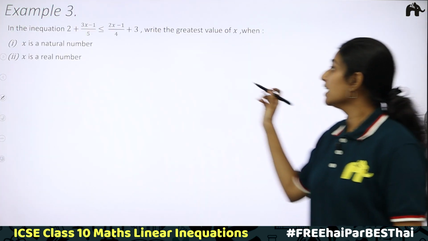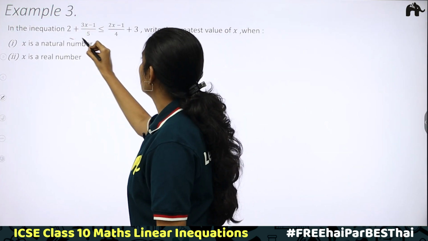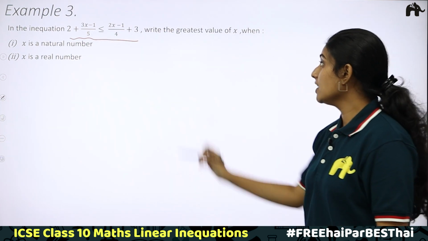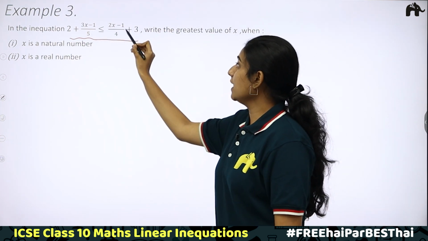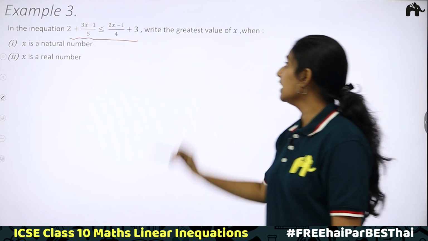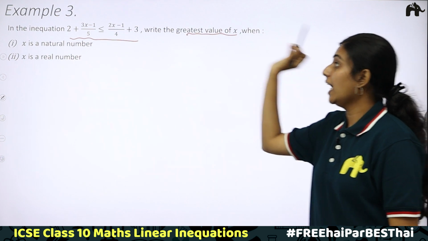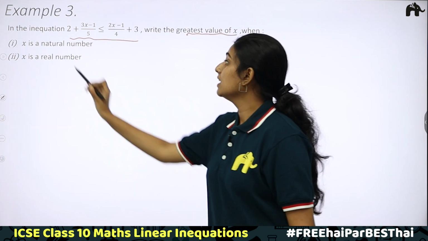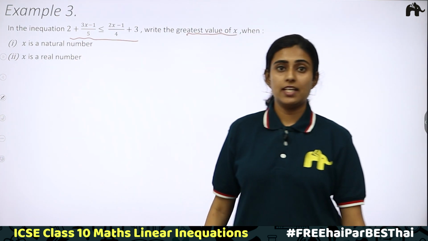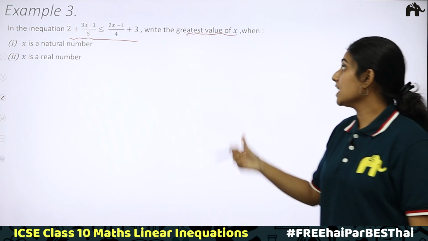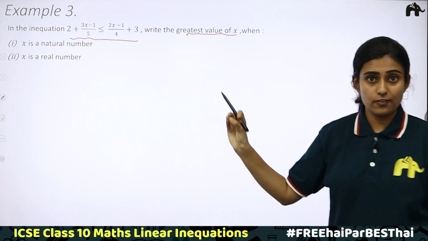Example 3. In the inequation 2 plus 3x minus 1 divided by 5 less than or equal to 2x minus 1 by 4 plus 3, write the greatest value of x when x is a natural number, second x is a real number. Here they are not asking you to find the solution set. You just need to find the greatest value of x.